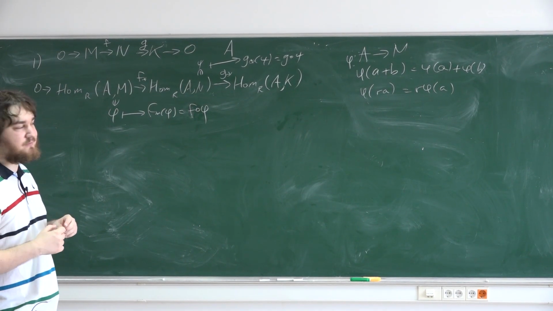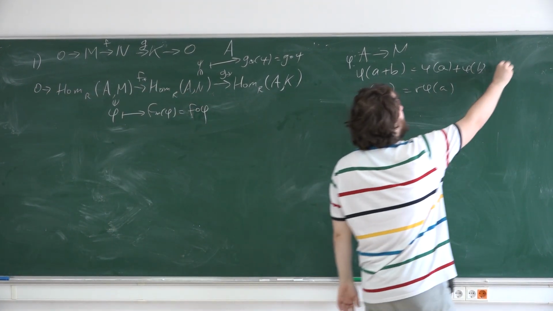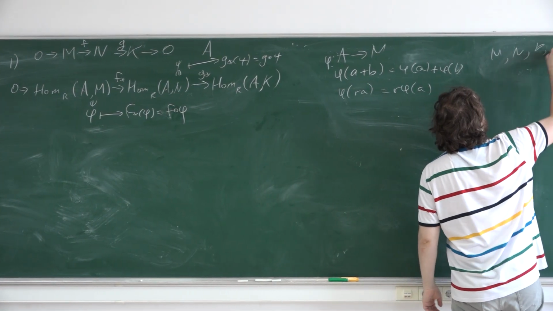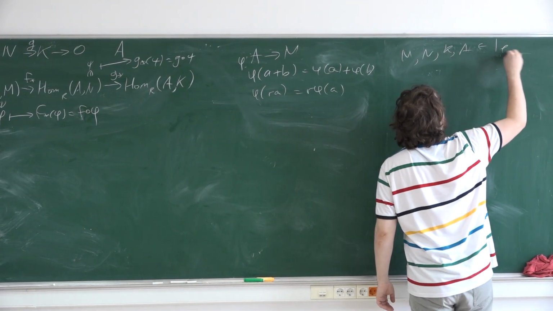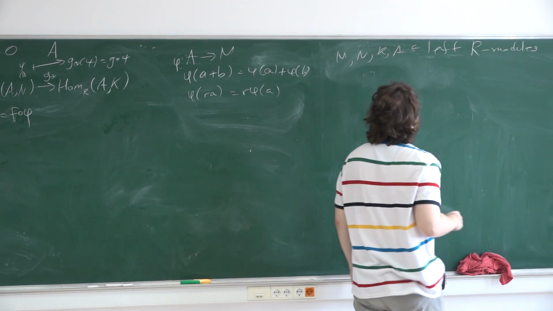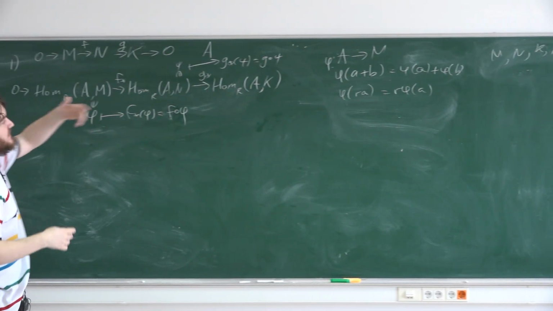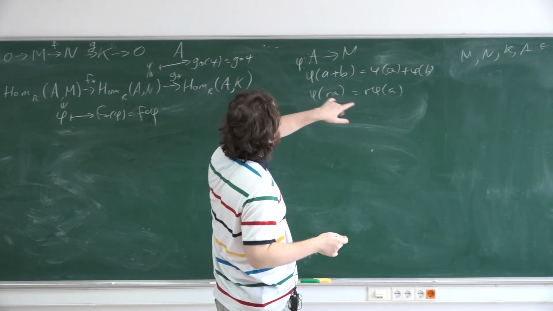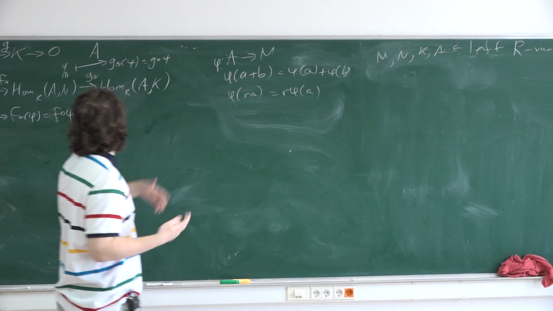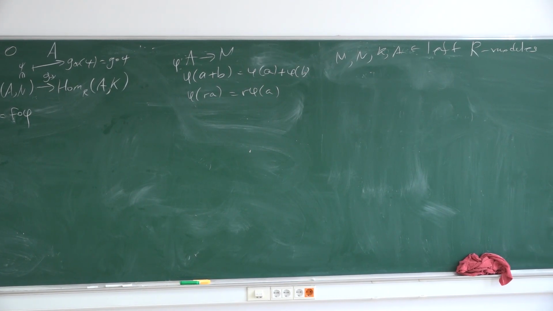M, N, K, A are left modules over some, not necessarily commutative, ring. If R is not commutative, then this is just abelian groups. If it's a commutative ring, then it's also an R-module, but it's not important for exactness, because exactness is for abelian groups, and for R-modules it's the same thing.